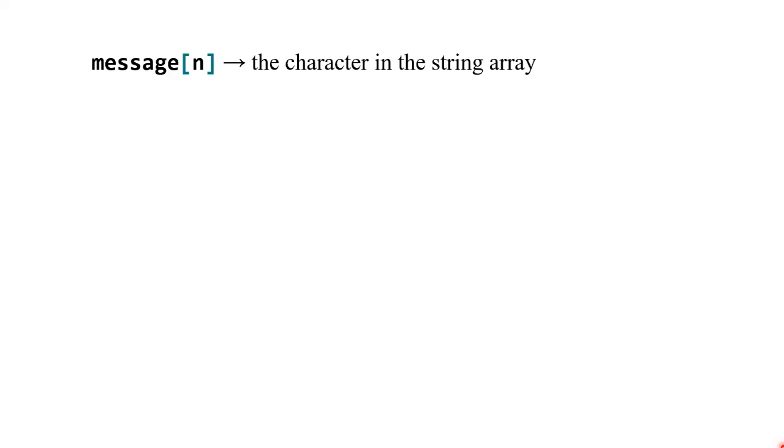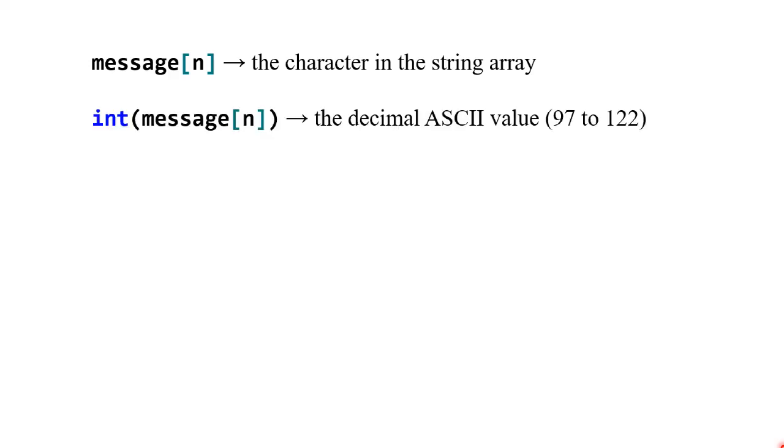So n is the index number of the loop, or the loop variable, and as n goes from 0 to L minus 1, we will look at each character in the string array. That will be a character, A through Z. If we apply the int function, that will return its ASCII code value in decimal.